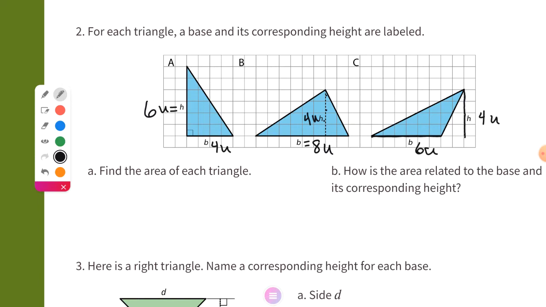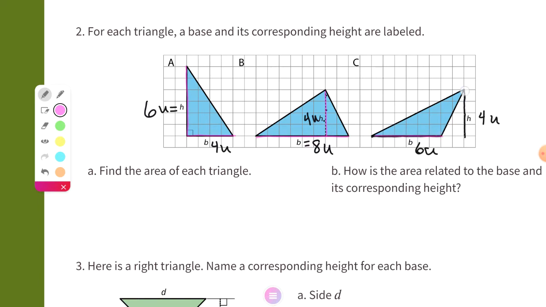Let's double check with our highlighter that they have the appropriate base and height. What should I see when I highlight the base and the height? Right angles. Let's go through quickly and do those. Base, height, I see a right angle. Base, height, I see right angles.